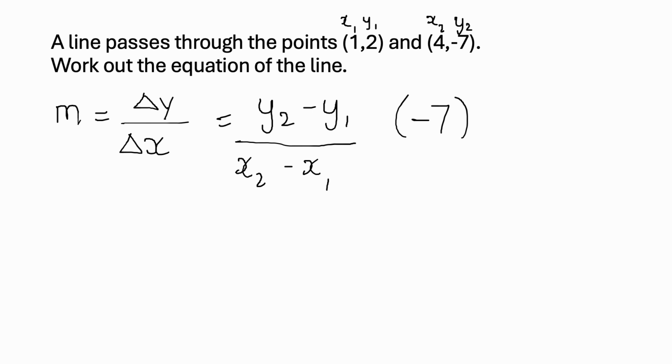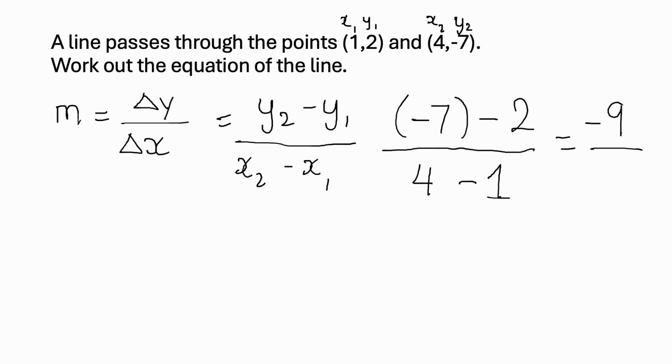Whenever I have a negative number, I like to put it in brackets. And then y1 is 2, x2 is 4, and x1 is 1. So negative 7 minus 2 is negative 9, and 4 minus 1 is 3. Negative 9 divided by 3 is negative 3, so that is our gradient.